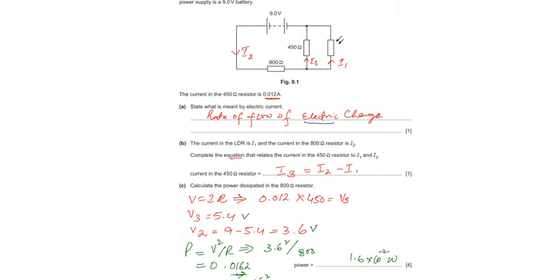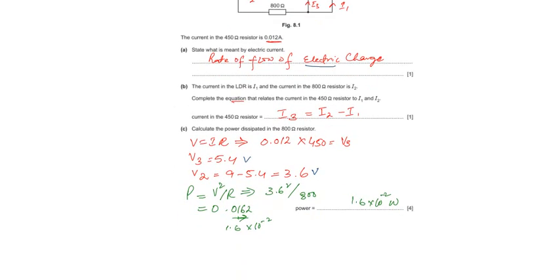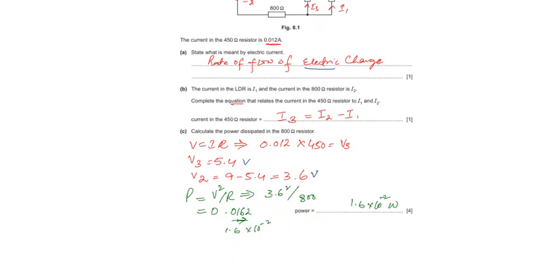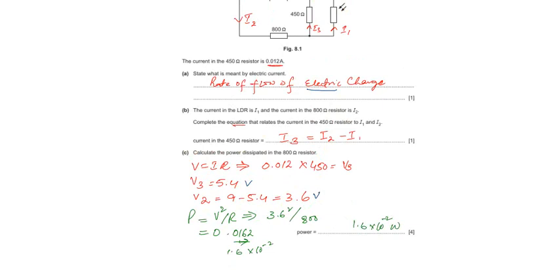So V equals IR, 0.012 into 450. 0.012 is the current, 450 is the resistance, so 0.012 times 450 is 5.4 volt. So the potential difference across 800 will be 9 minus 5.4, which is 3.6 volt. So we found the potential difference across the 800 ohm resistor is 3.6 volt.